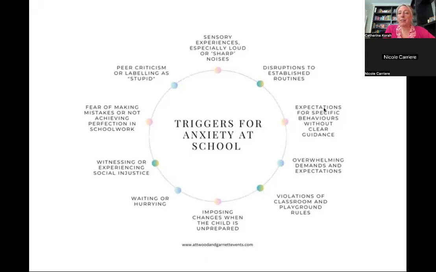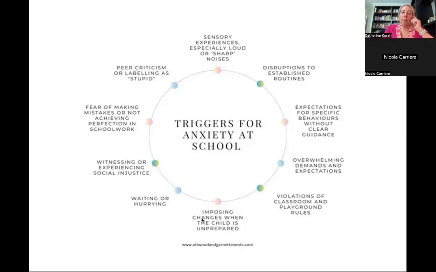Perhaps there may be expectations for certain behaviors that they are not able to do given some of their differences and challenges. The stress may come from overwhelming demands and expectations that are not adapted to their capacity. It might be that there are certain situations that come up, whether in the classroom or in the playground, that are violating their internal rules that are making sense of the world.